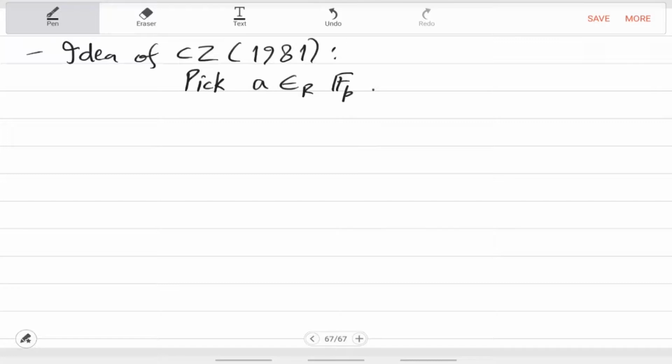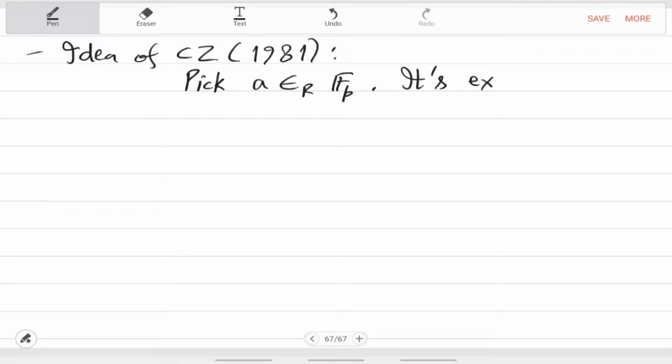How many coins will you have to flip to discover A? Elements in F_p require log p bits, and each bit costs a single coin toss. So A will require log p random bits, which is not too much. Then you would have picked A.